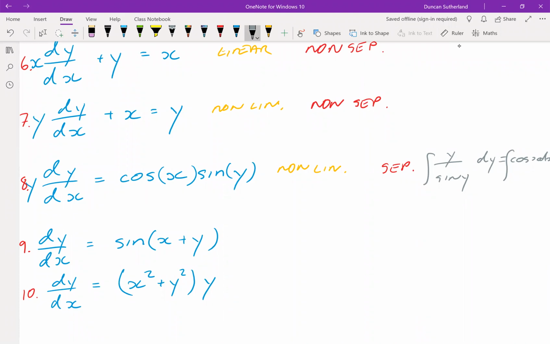Number 9, I put it in because it's a bit curious. One might think it's obviously nonlinear, right? You've got a sine of y something, so this is nonlinear.